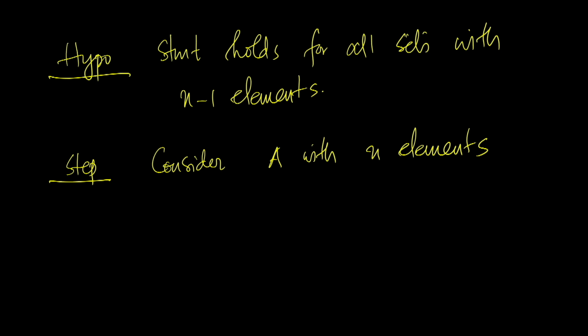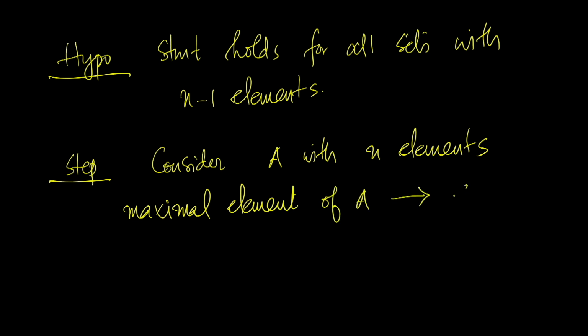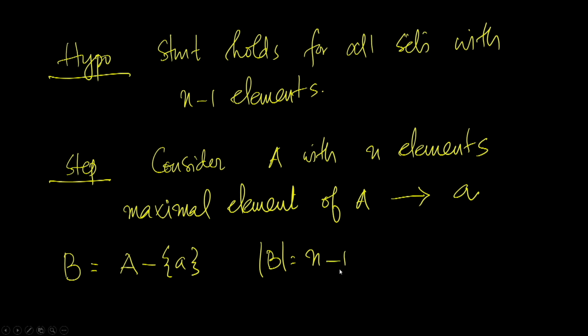Then imagine the Hasse diagram for A. When you look at the Hasse diagram, you will be able to find a maximal element of A. There could be many maximal elements. Let us pick one out. Suppose that is small a. Then if you consider A minus A, which I call set B, we find that the size of B is n minus 1. Therefore, B should have a consistent enumeration.